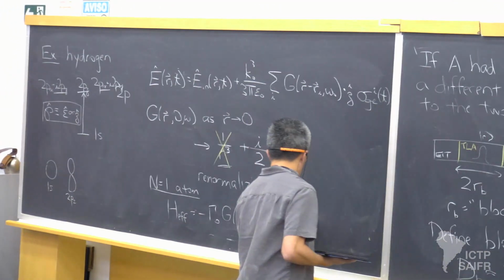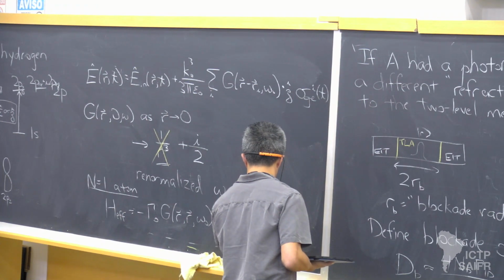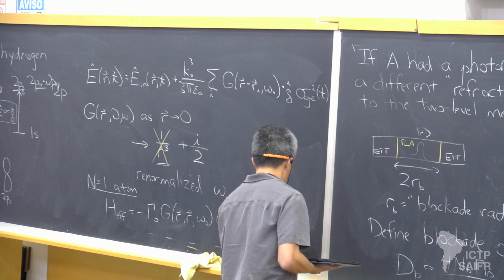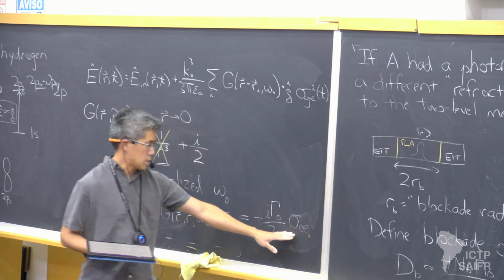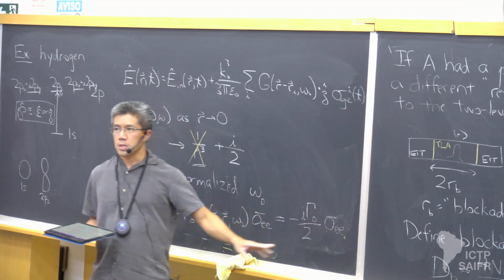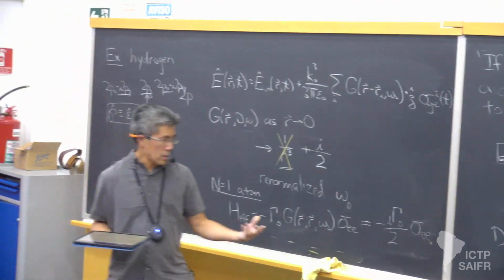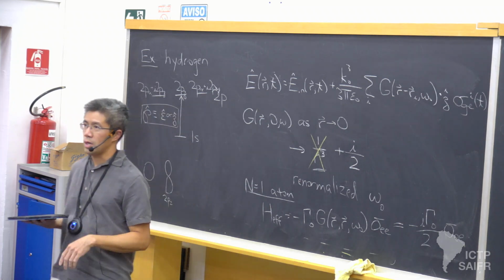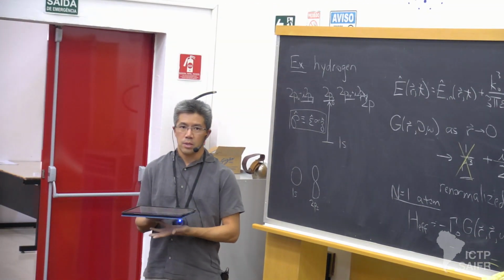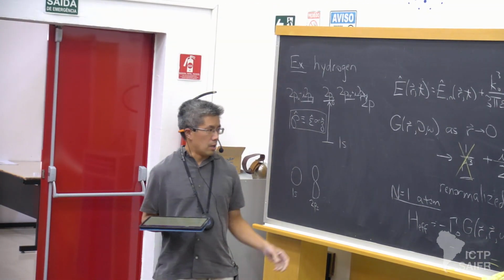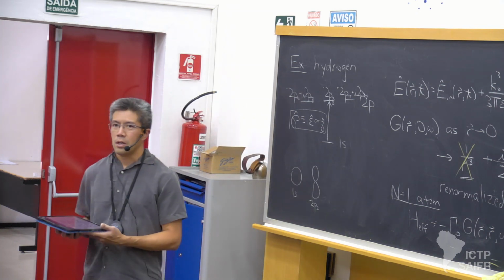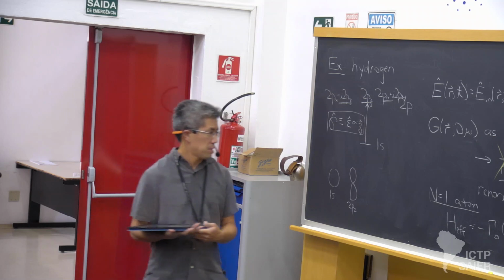And then what you get is minus i gamma naught over 2 sigma ee. So the interpretation is that the excited state has an imaginary energy at a decay rate which is exactly gamma naught, the spontaneous emission rate of a single atom into free space. So it's a very indirect way of deriving single atom spontaneous emission.